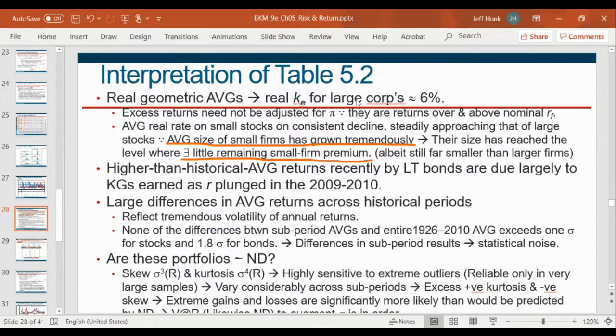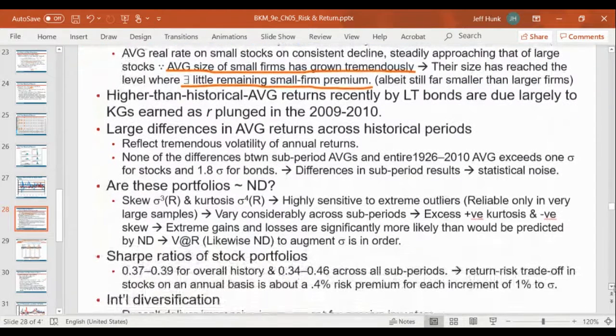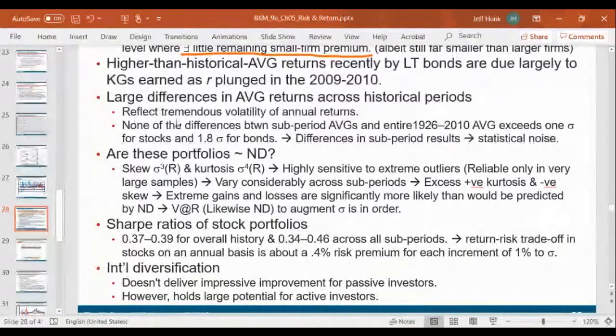Low interest rates helped long-term bonds, right? Higher valuation, right? Capital gains. And large differences in the average returns across historical periods reflect tremendous volatility of annual returns. None of the differences between sub-periods.